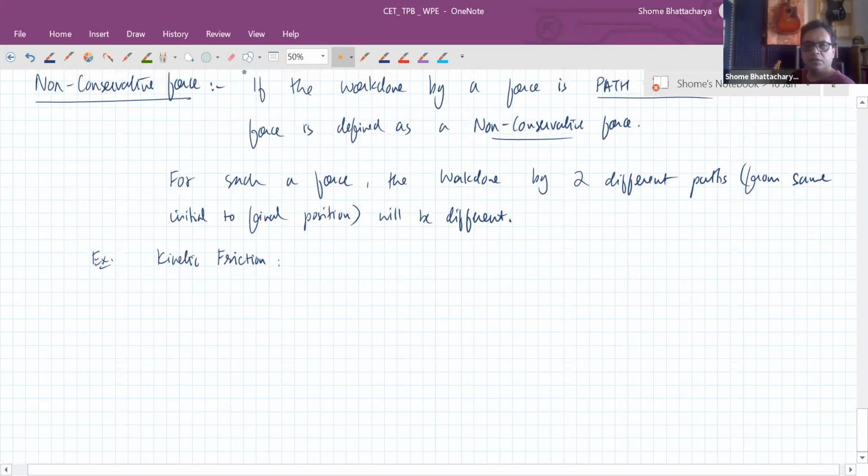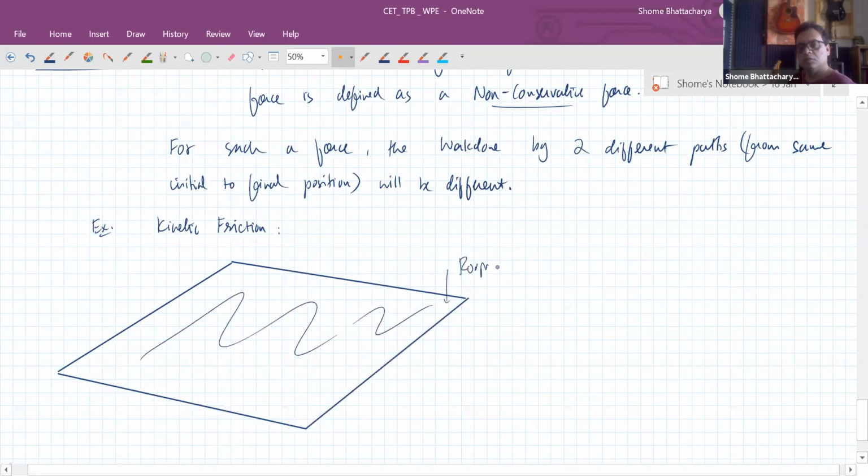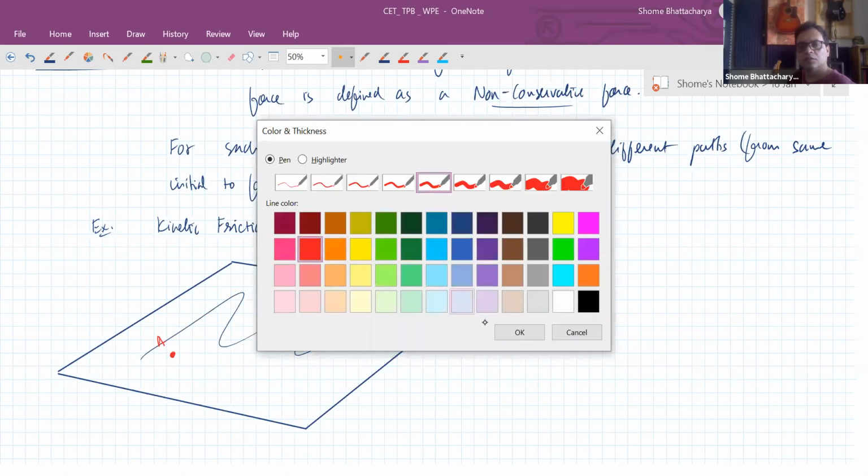Okay, so let's visualize a situation like this. We have a horizontal plane, and now we are taking a particle from this position A to this position B via two different paths.